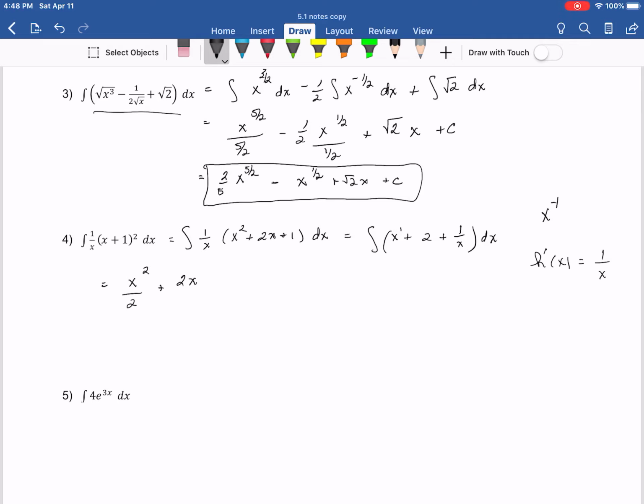So you understand that we learned that the derivative of the natural log of x equals 1 over x. And so the antiderivative of 1 over x is the natural log of x. Probably a bad choice of letter. So I'm trying to figure out what kind of function h do I need to have in order for its derivative to be 1 over x.